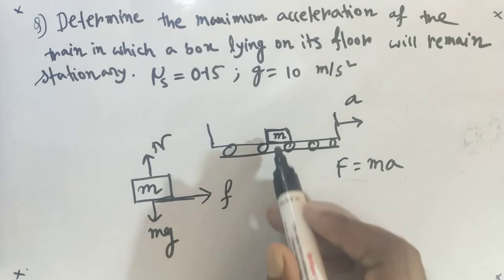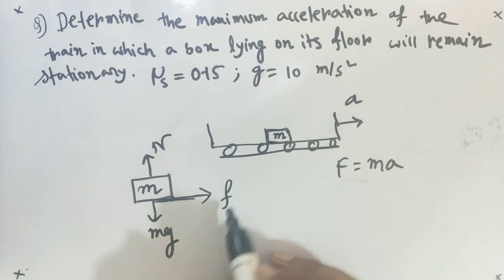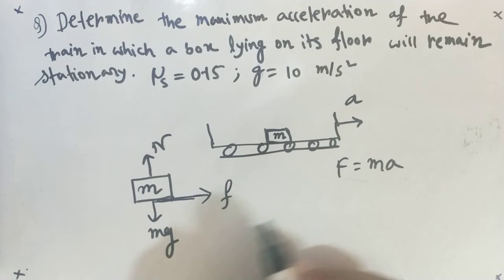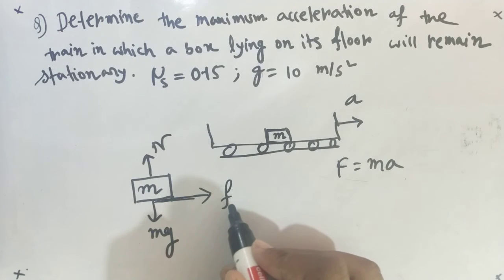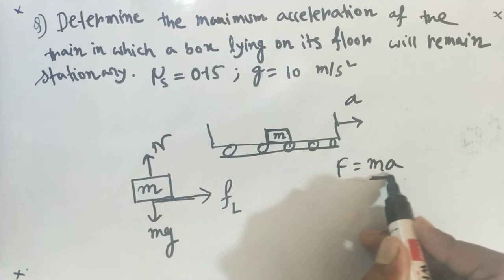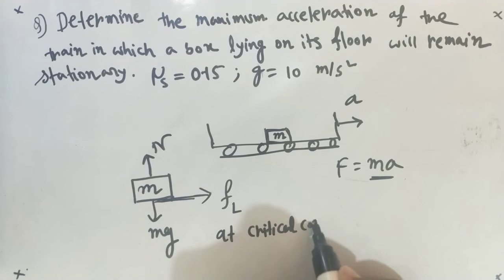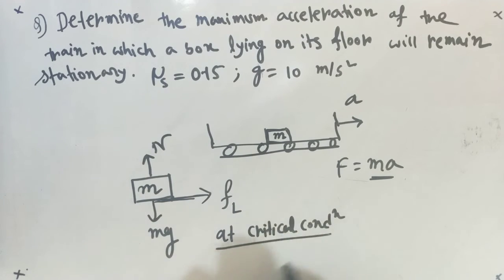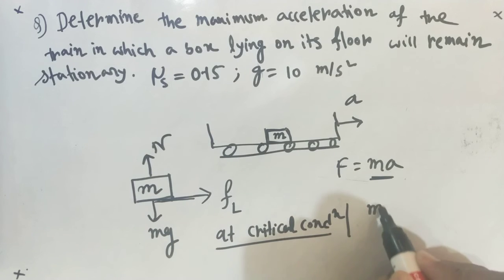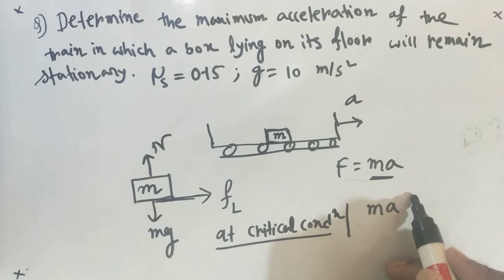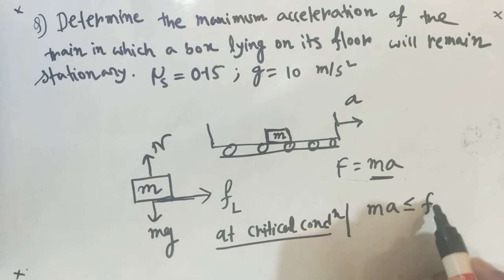So at the extreme level, at the maximum level, that is the limiting friction FL, this FL will be equal to ma. At the critical condition, the force will obviously be less than or equal to FL.